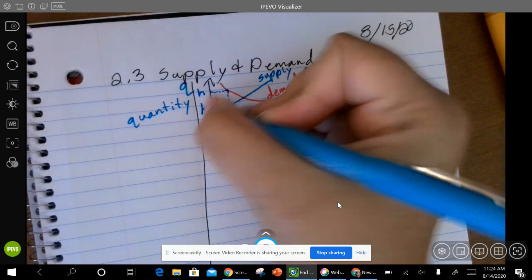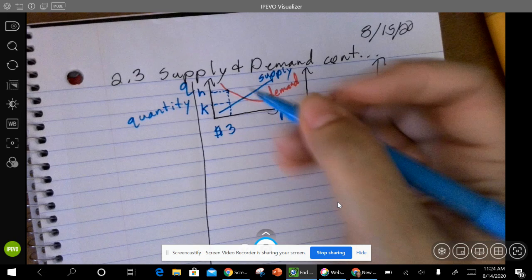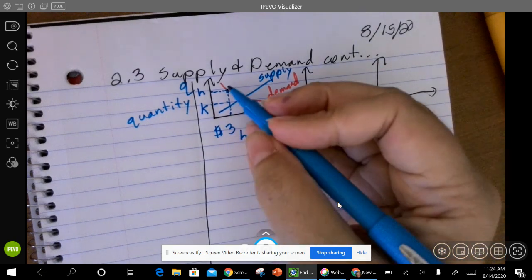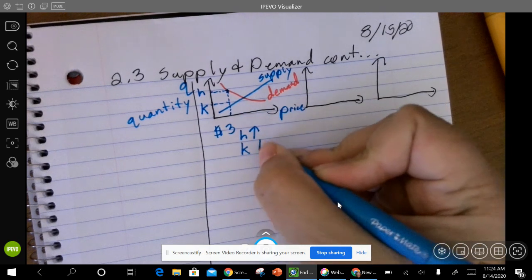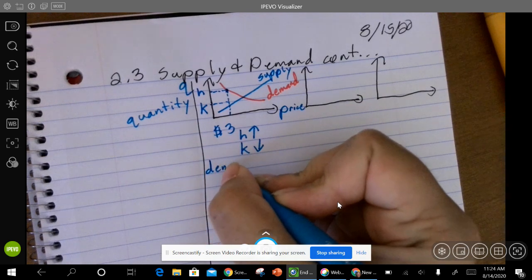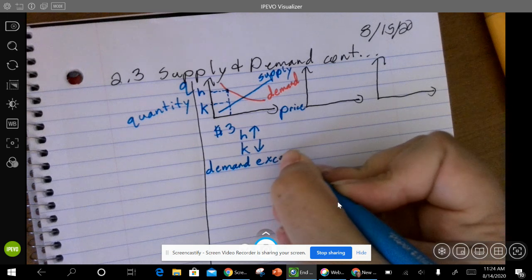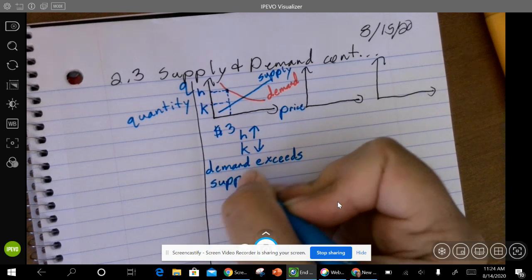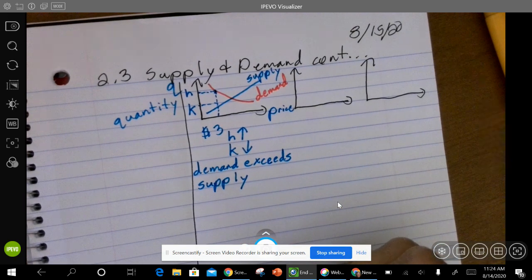This is K. Okay, so if you look at this, everybody, the demand is high. So it's like toilet paper in March, and the supply is low. Okay, so that means that the demand exceeds the supply. So you think about it like the toilet paper, hand sanitizer, Lysol was flying off the shelves, right?